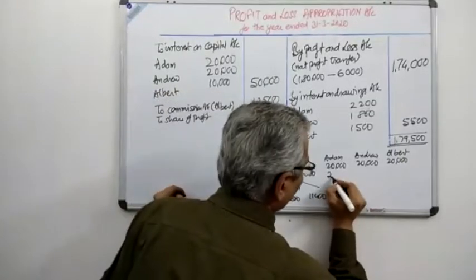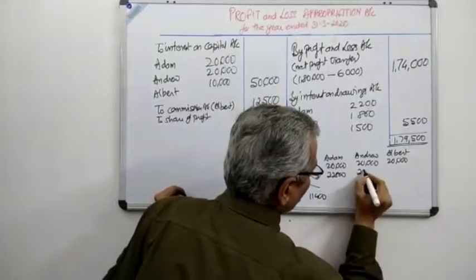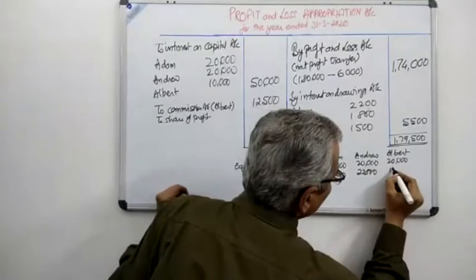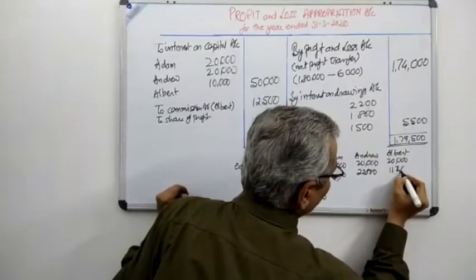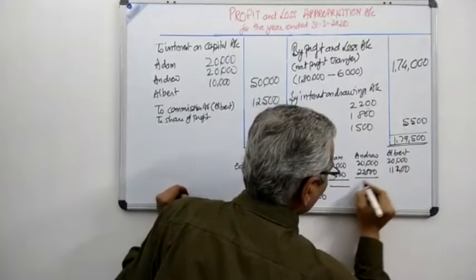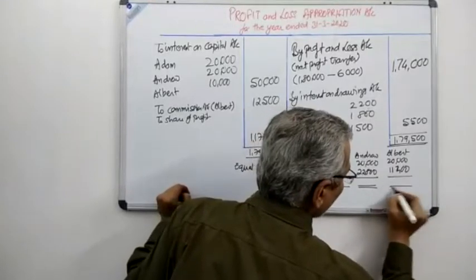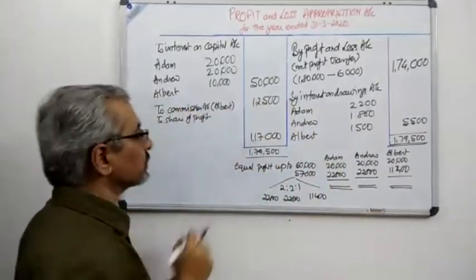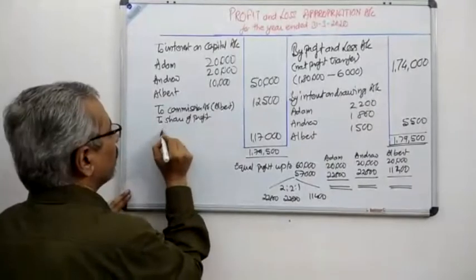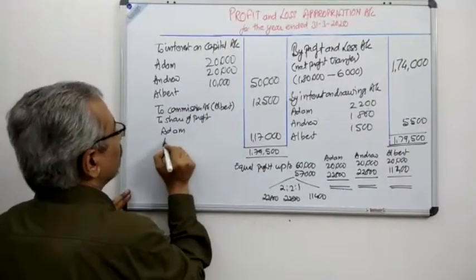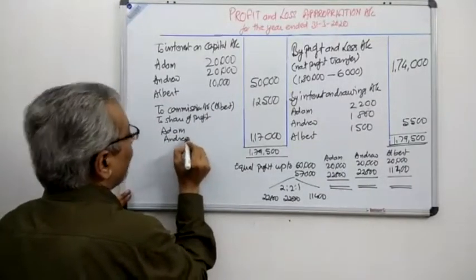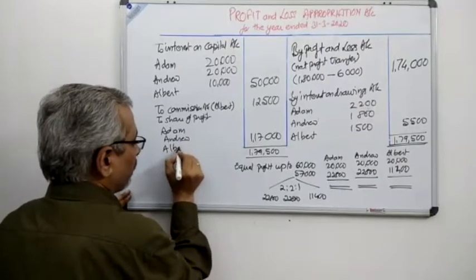Therefore, finally, the profit distribution will be, see very carefully, this is important that you show the calculations, and we take the figure over here for Adam, for Andrew, and for Albert.